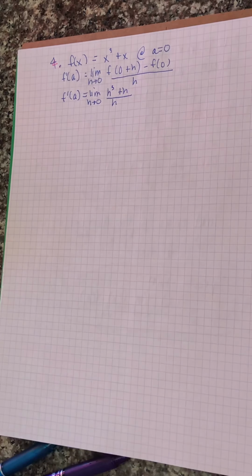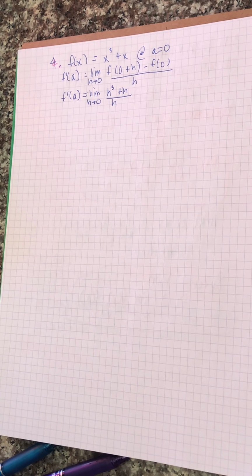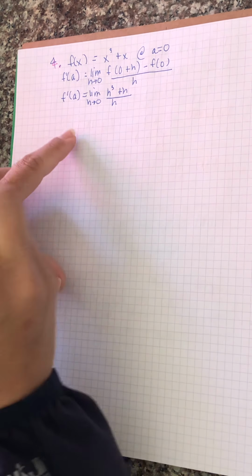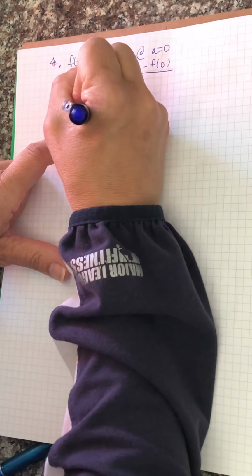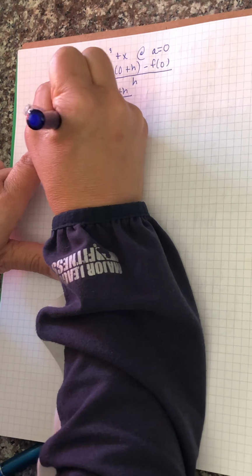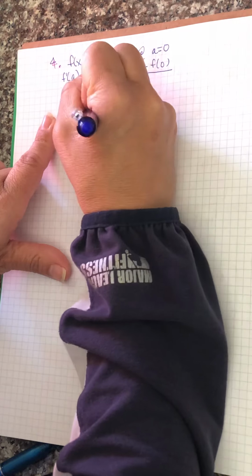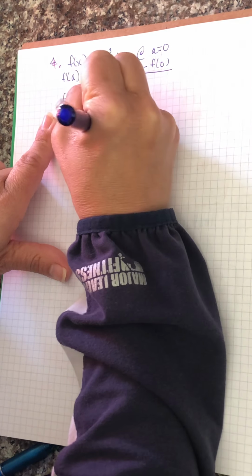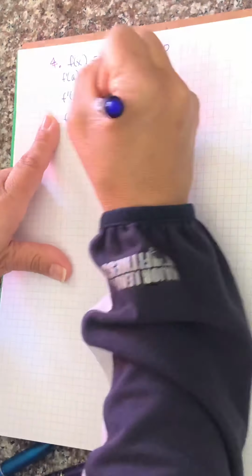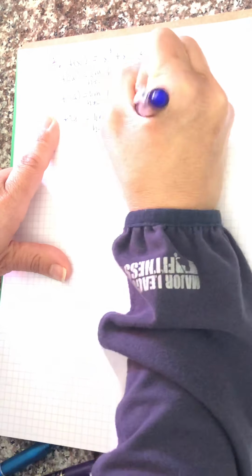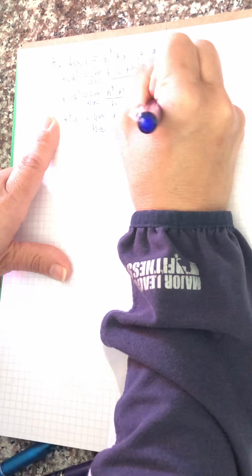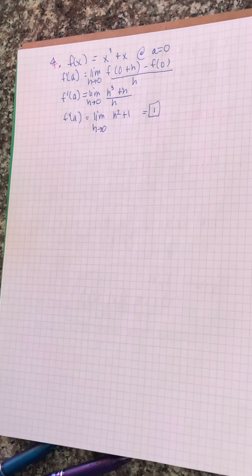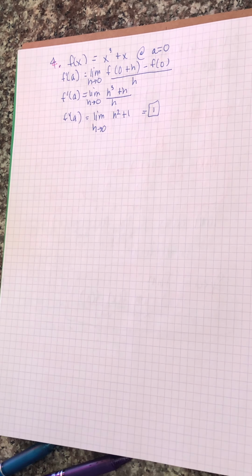This h in the denominator must reduce out. If it doesn't reduce out, then there's a problem. So this is going to be f prime of a is equal to the limit as h approaches 0 of h squared plus 1, which I believe is 1. Sound good?